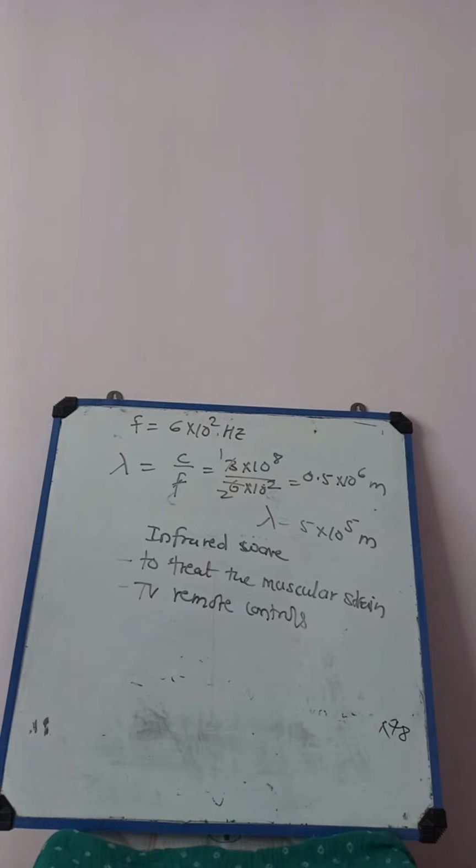I'll repeat: write the following radiations in descending order of frequencies: red light, X-rays, microwave and radio waves.